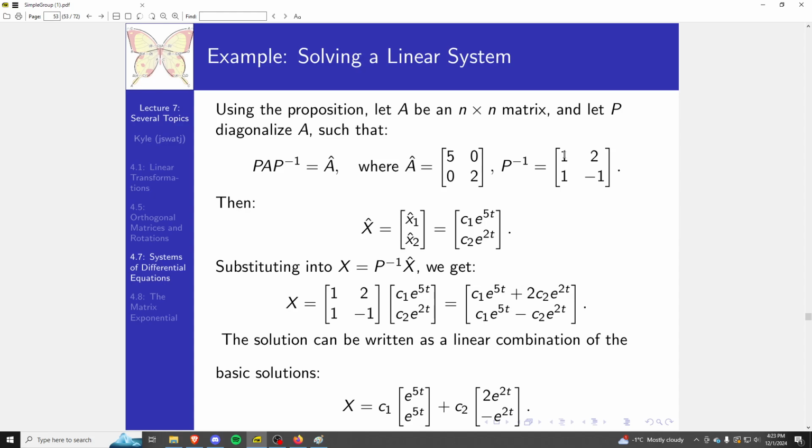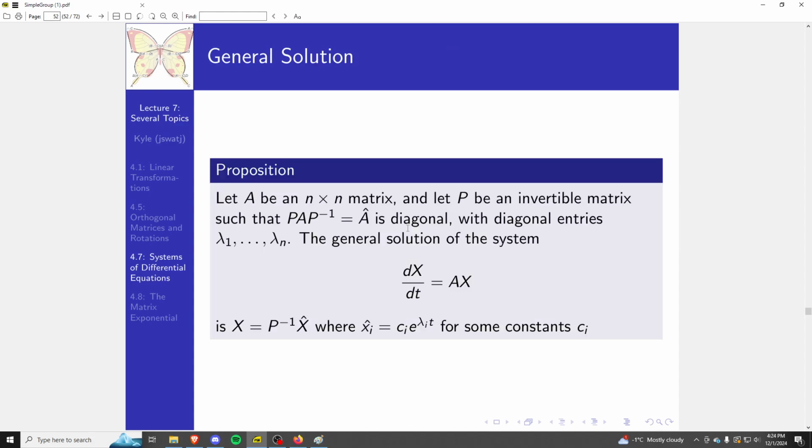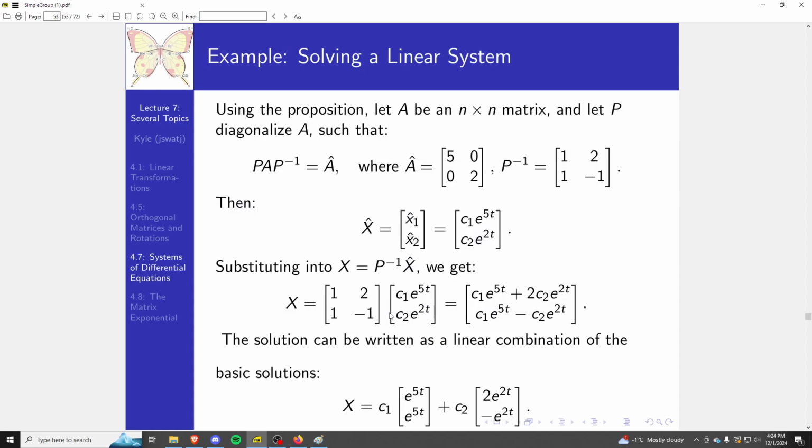And P inverse here is 1, 2, 1, negative 1. Then to find x hat, we'll use the lambdas, which are the diagonals here, 5 and 2, in order to construct x hat. And then using x hat and P inverse, we can get the general solutions to the system.